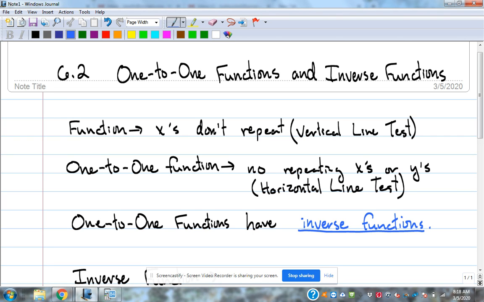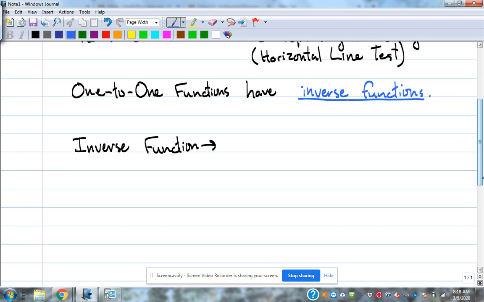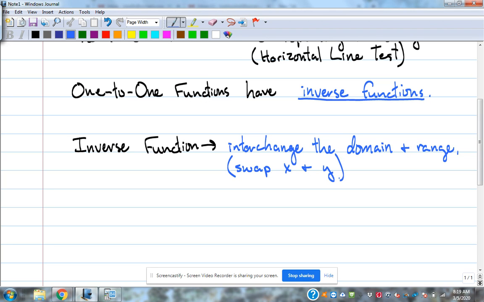All right, and an inverse function, so the next definition there is an inverse function, and then we're going to get into doing something here. So inverse functions interchange the domain and range. So if you find the inverse, it interchanges the domain and range. Best way to say that in layman's terms is swap x and y.